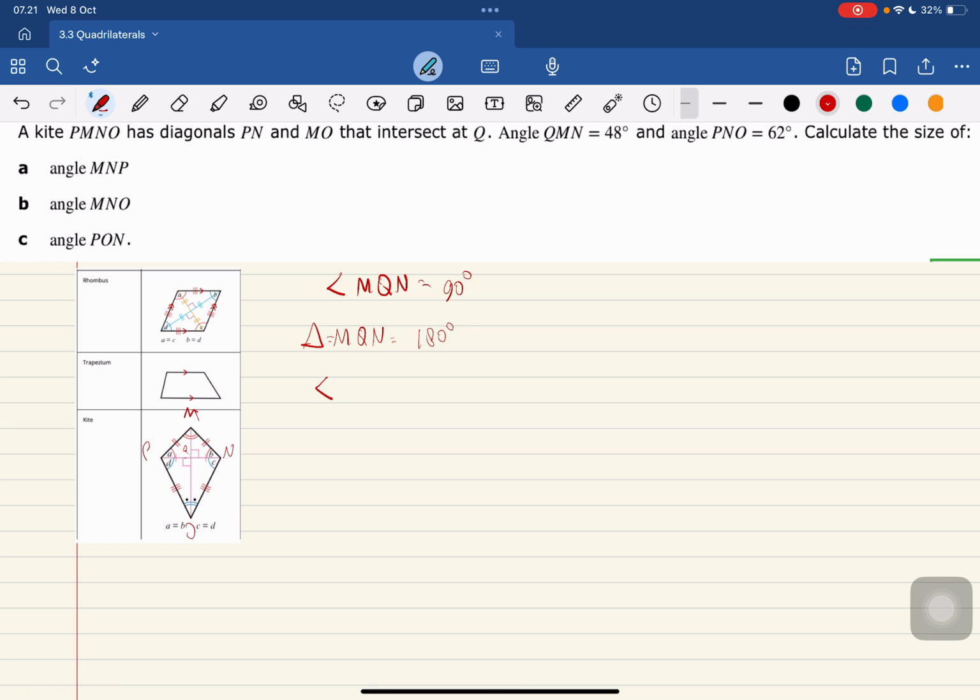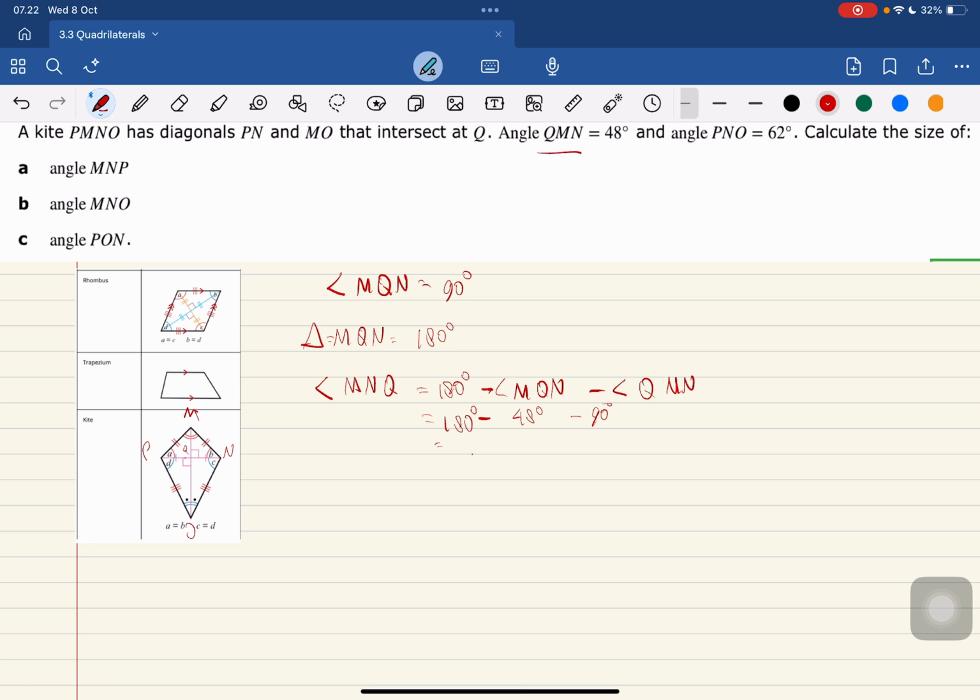So how can we find the angle MNQ? We take 180 from the total and subtract the angle QMN, which is 48 degrees, and subtract the angle MQN, which is 90 degrees.